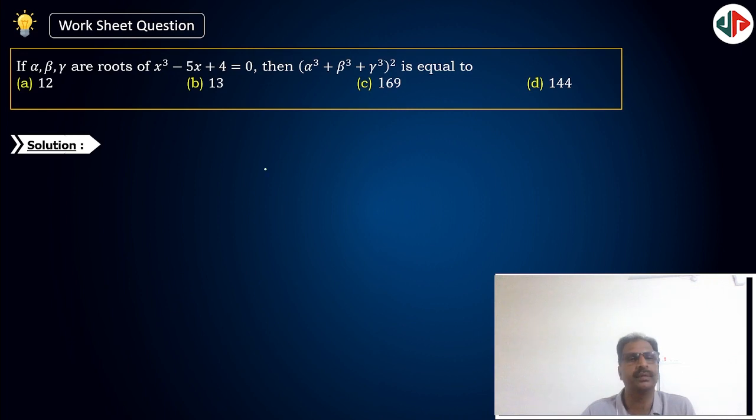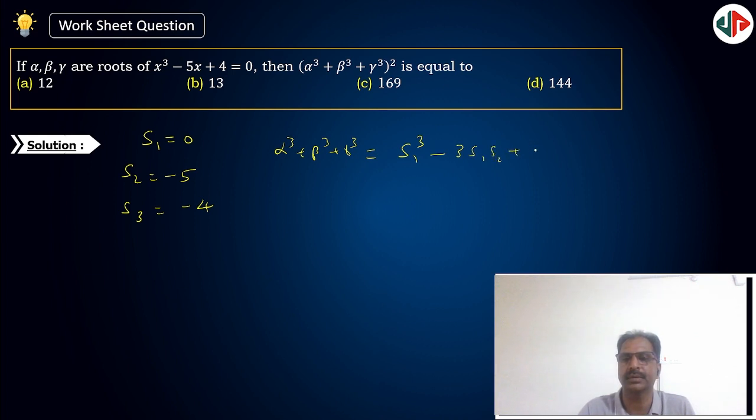So alpha, beta, gamma are the roots of that equation. Compare with the general equation, S1 will be 0. These are the values of S1, S2, S3. And what is the formula for alpha cube plus beta cube plus gamma cube? So many times we got this: S1 cube minus 3 S1 S2 plus 3 S3.